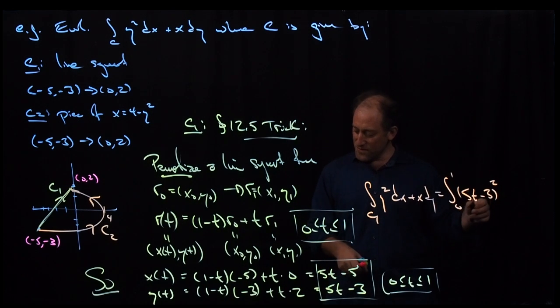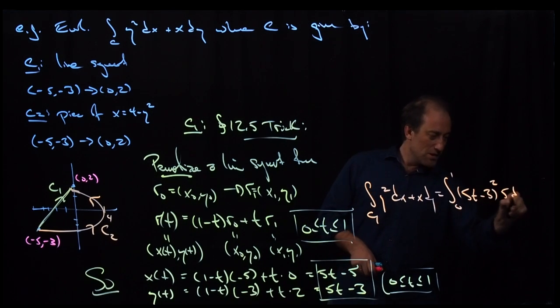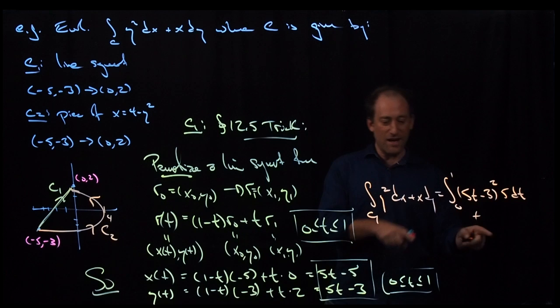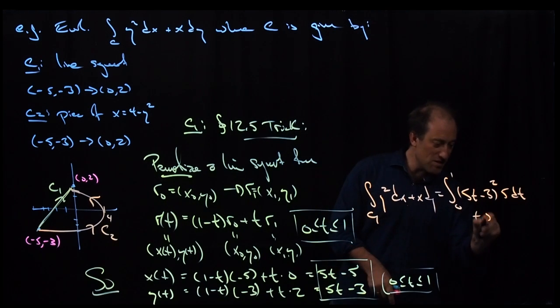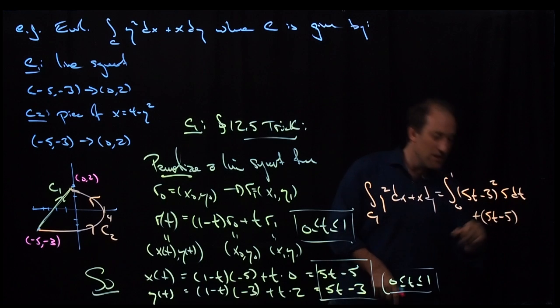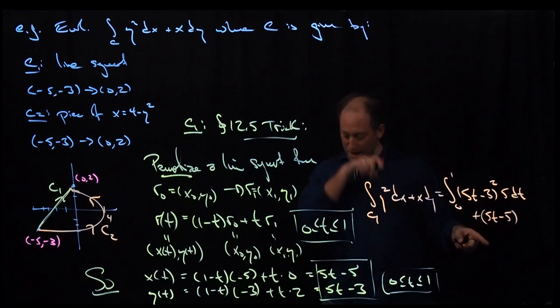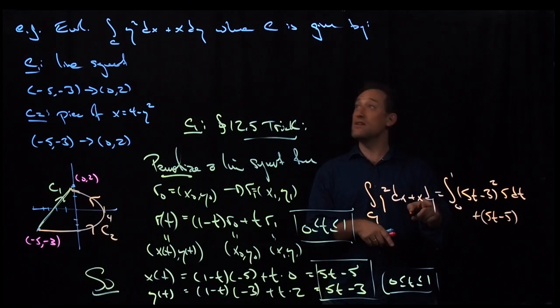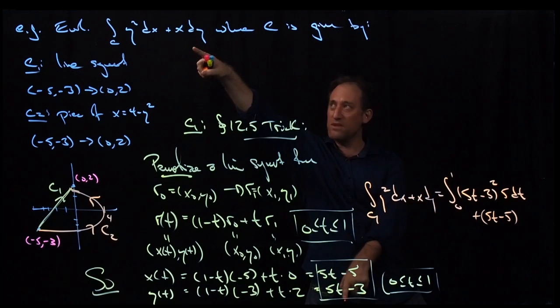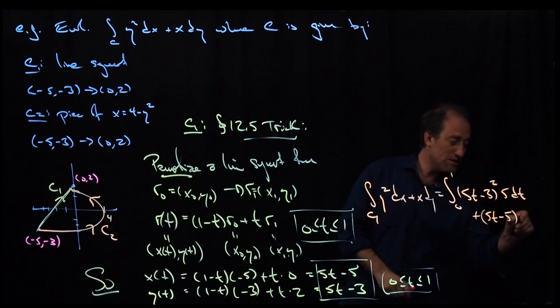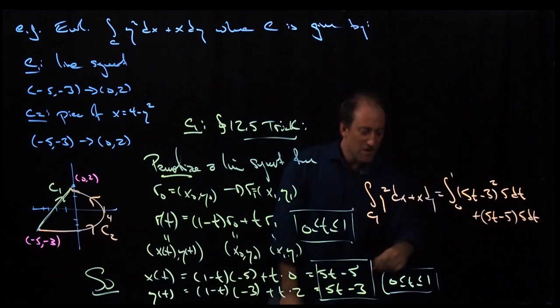So times 5 dt, but then I need whatever the x is, the 5t minus 5, then times the derivative of y with respect to t. Well, dy dt will also be 5, so dy is 5 dt.